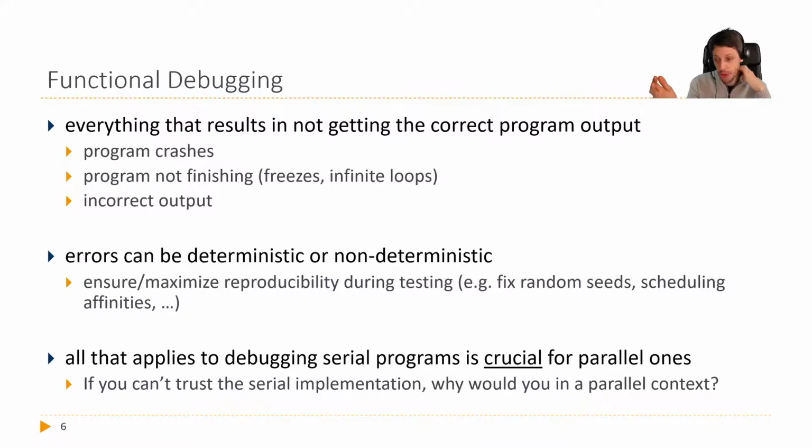The next thing that you should be aware of is that errors can be deterministic or non-deterministic. We discussed this already a little bit with our Monte Carlo approximation of pi. And important here to note is simply that you should ensure reproducibility, or try to maximize it as much as possible during testing. For example, fixing random seeds, fixing scheduling policies, fixing affinities and so on, fixing even the number of threads, for example.